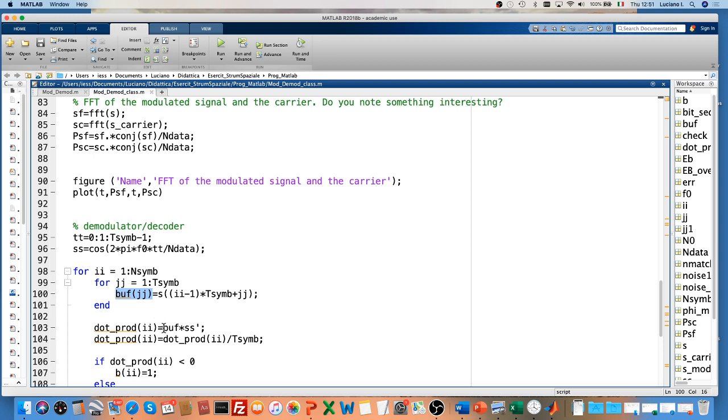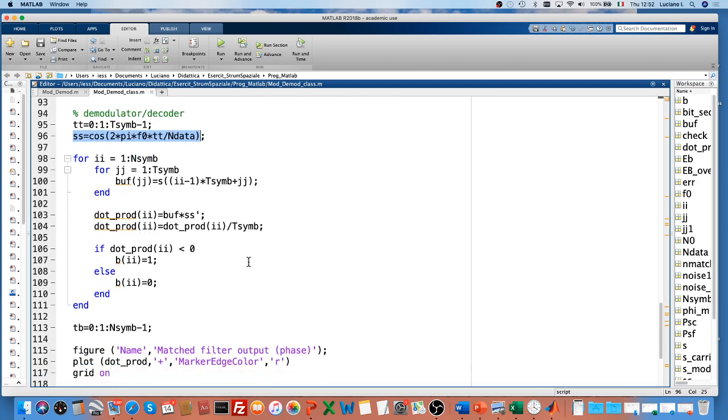And then I have nothing to do other than to multiply the bit samples here, take the scalar product with the deciding waveform, and the deciding waveform is this one, cosine 2 pi f0 t over n data, so is cosine omega c t in our equations, and look at the scalar product.